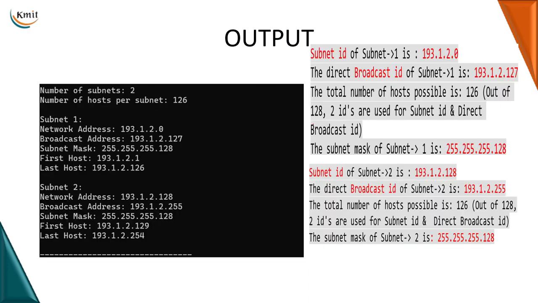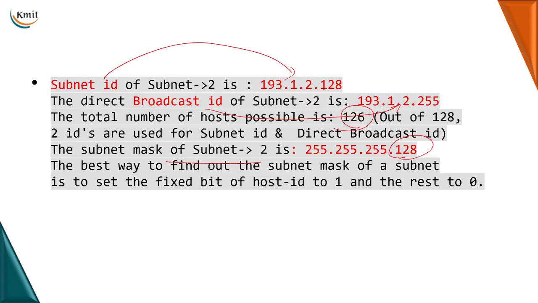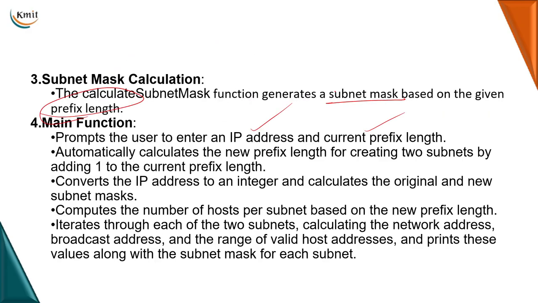You see, what was the output? The number of subnets created were 2 and the number of hosts per subnet were 126. I told you that out of 128, we have taken 2, so we'll be left with 126.